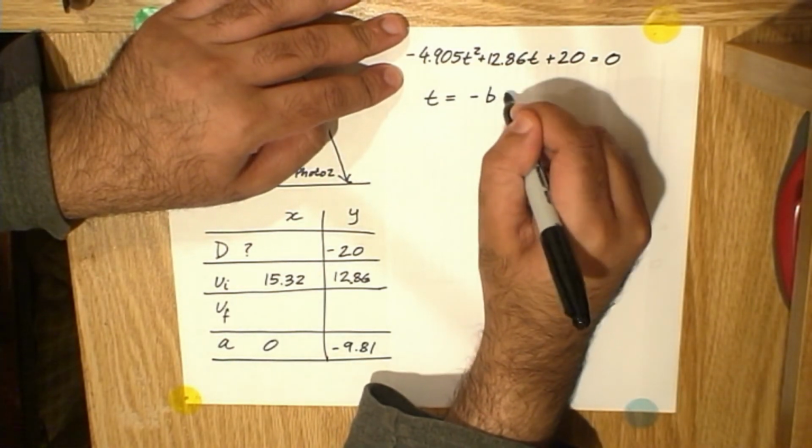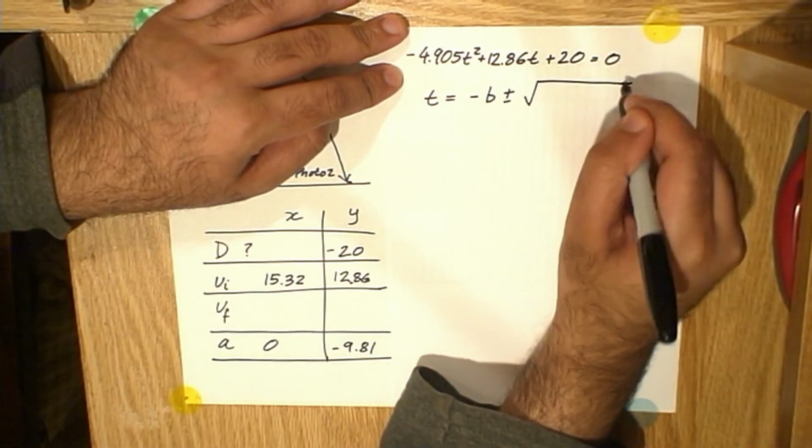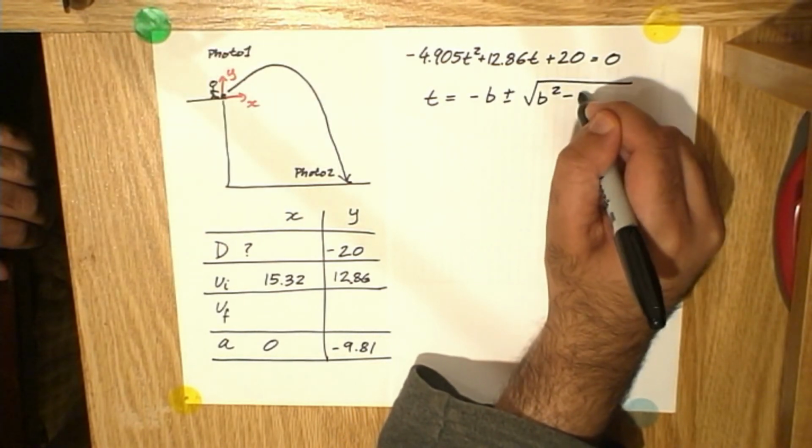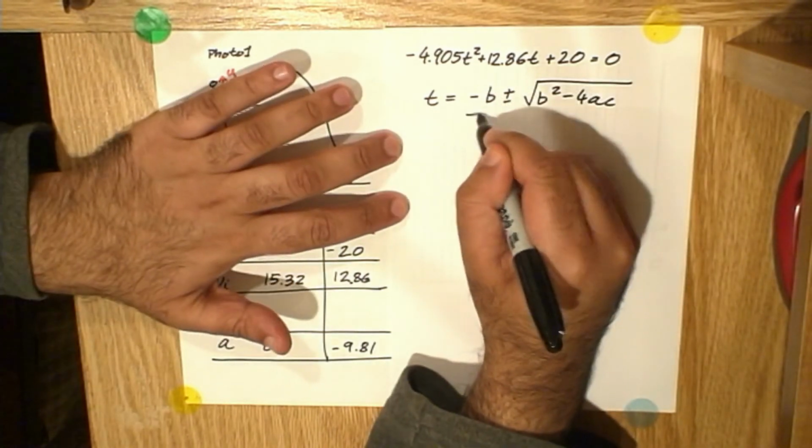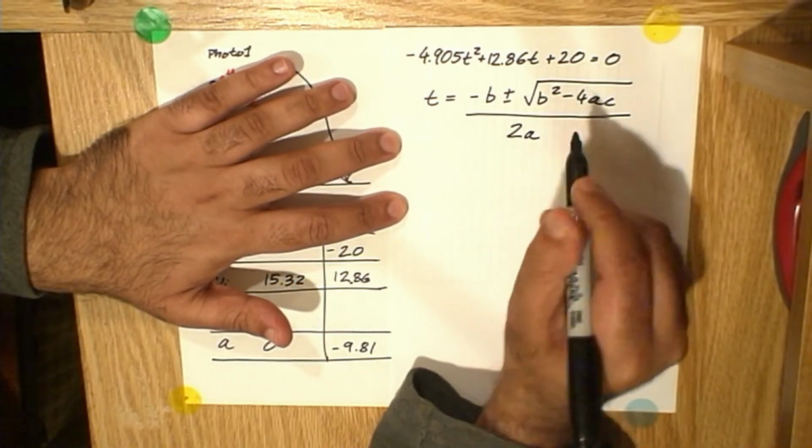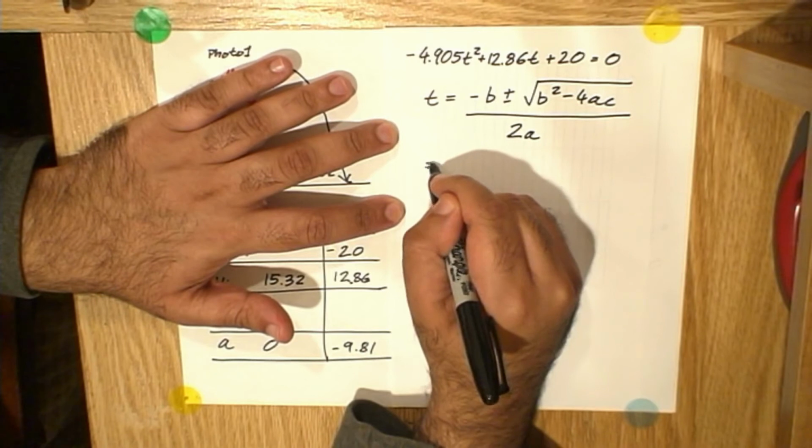t is equal to negative b plus or minus the square root of b squared minus 4ac, all divided by 2a. Let's plug everything in.